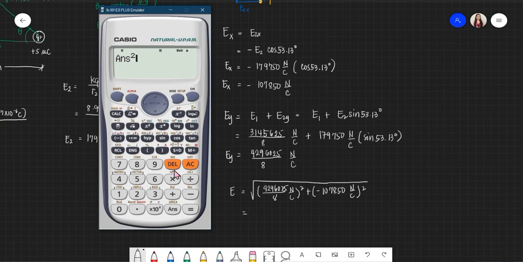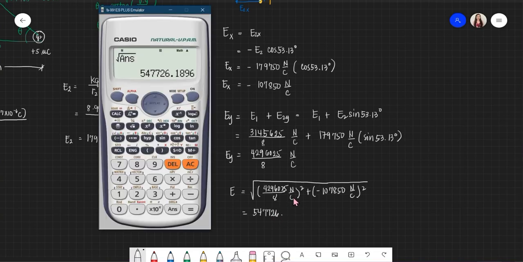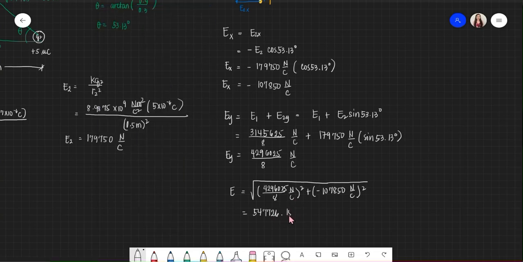Okay, let's raise this to the power of 2 plus 107,850 squared, and then square root of the answer, 547,726.1896 newtons per coulomb.